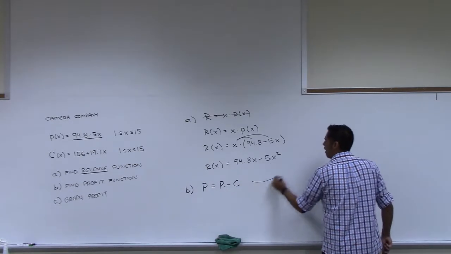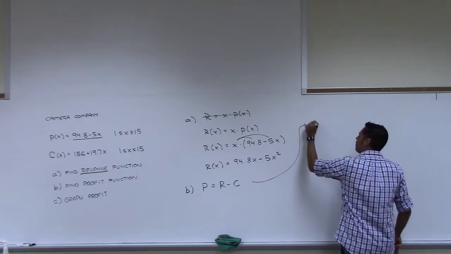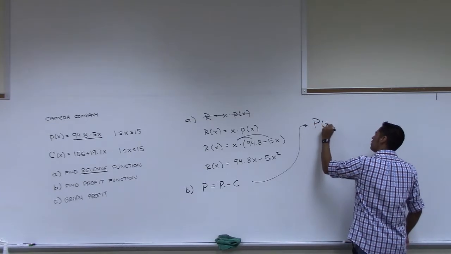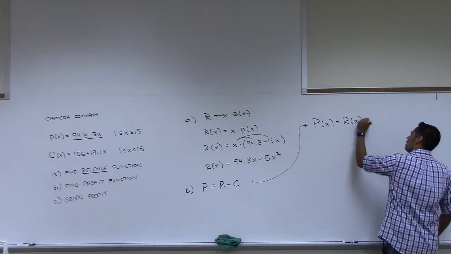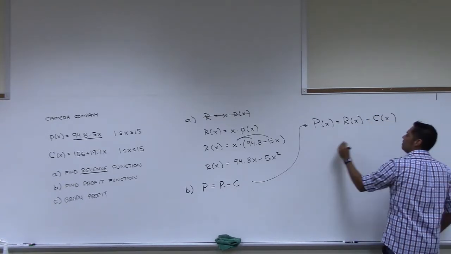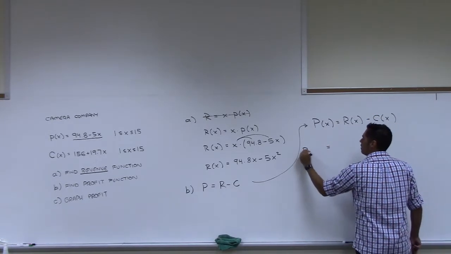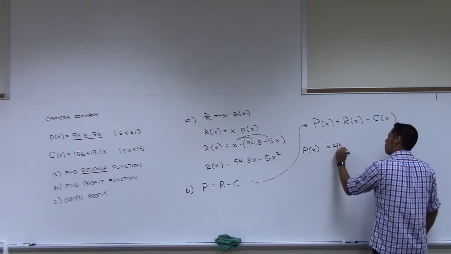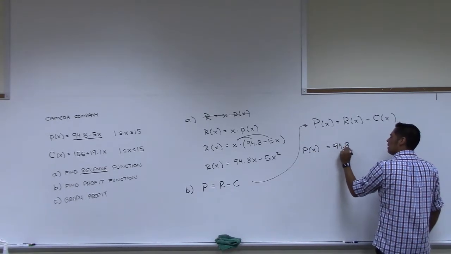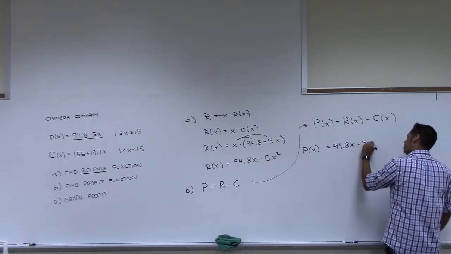All right, so we have profit, capital P of X, is equal to the revenue R of X minus C of X. So profit is revenue, which we just wrote down, 94.8x minus 5x squared.